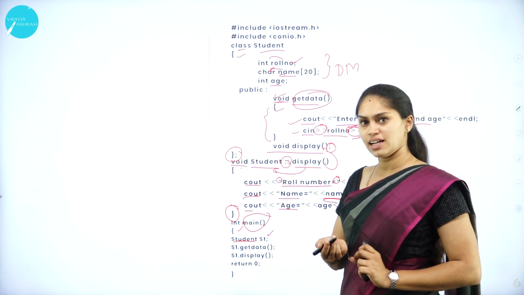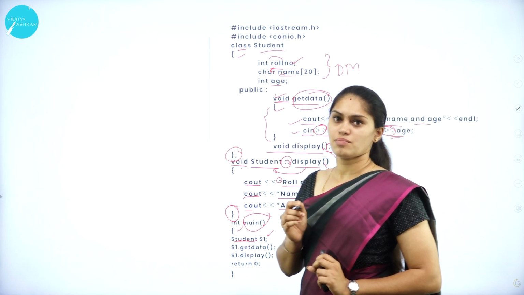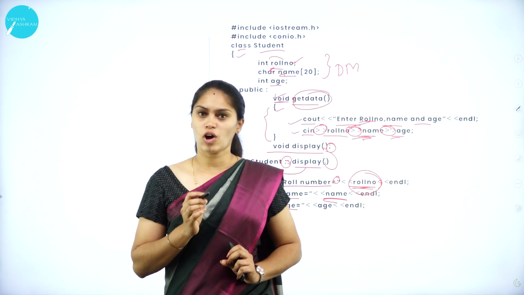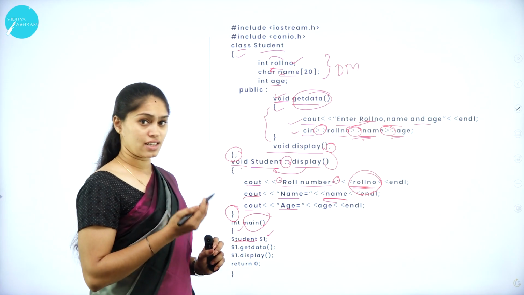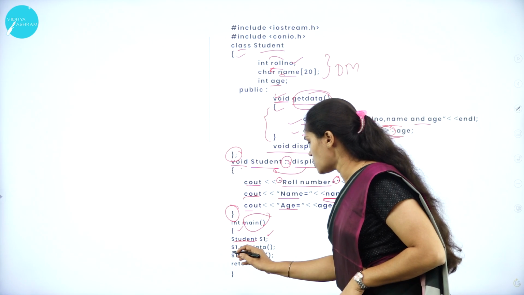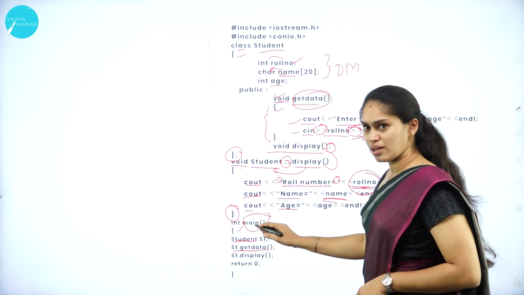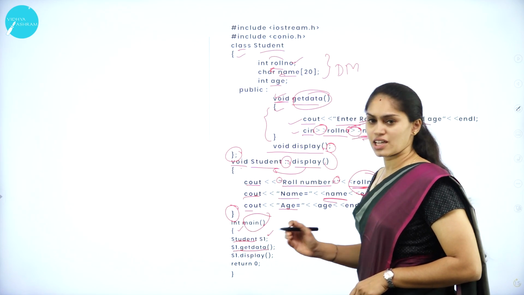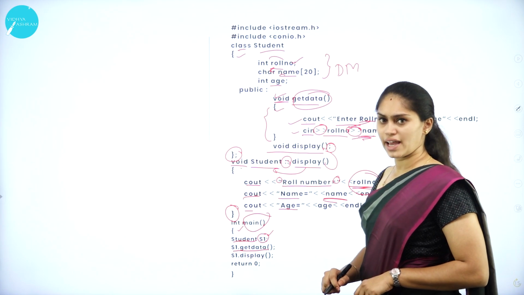How to access the data members and member function of a particular class? With a direct access operator, that is dot operator. That means S1 dot get data. You can observe that it will come to the main function and the program execution will start, and for student I am going to create an object called S1.